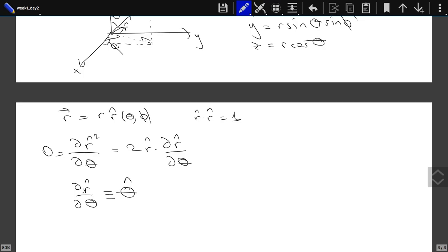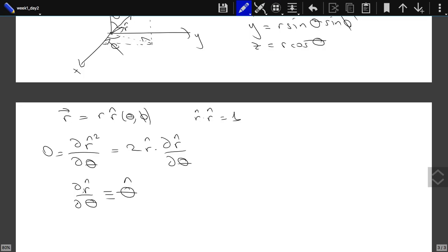Now, why did I call it the theta hat? Well, let's think of x hat. If I'm moving in the x hat direction, only x is changing. Y and z don't change. That's one of the motivations why I call it the x hat. If I move in the y hat direction, only the y coordinate changes. X and the z coordinates do not change.